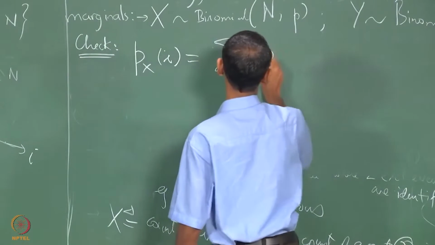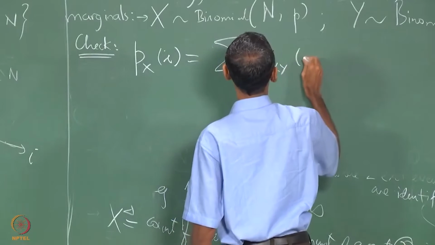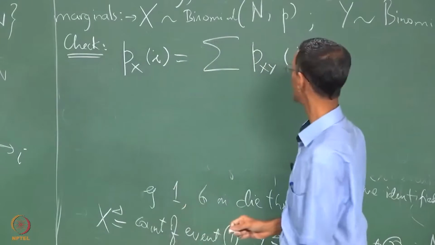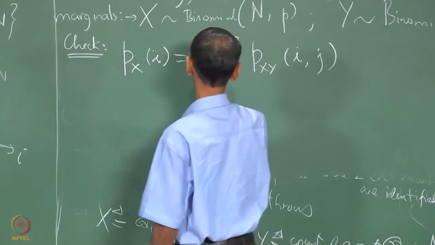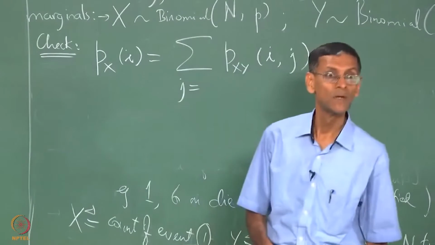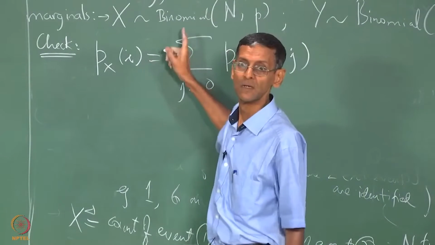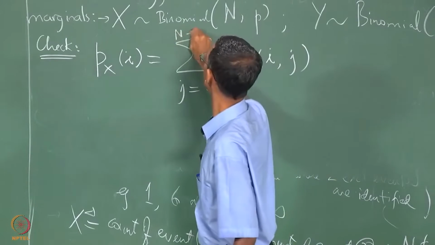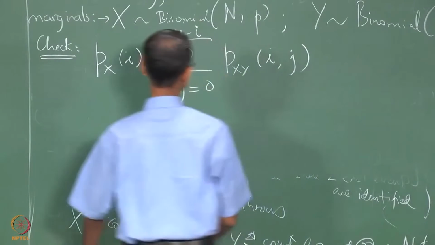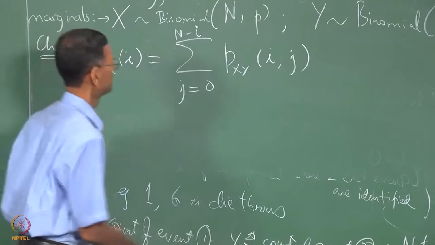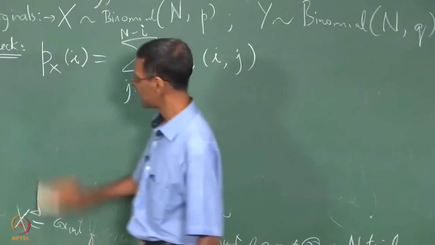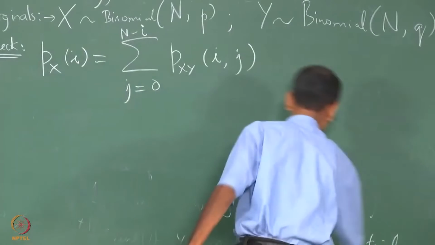In this case, p_XY of i comma j, what will be the limits of i and j? J will be going from 0 to, as I just said, n minus i. You can do this and check for yourself that it will magically come out correct, or not so magically.